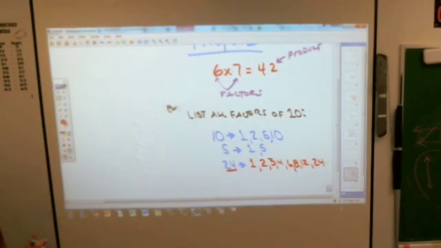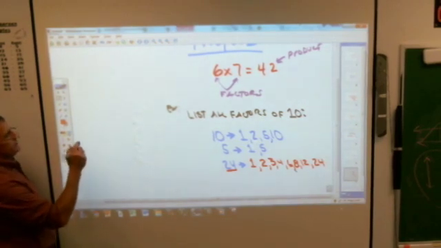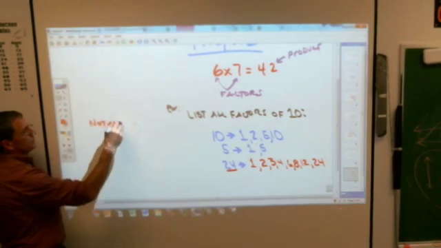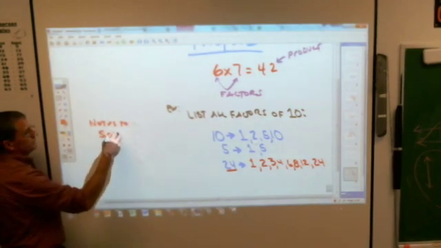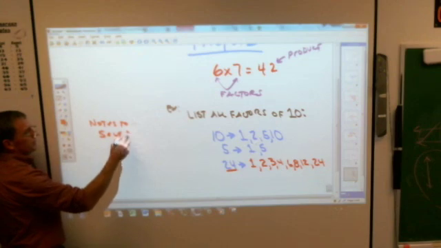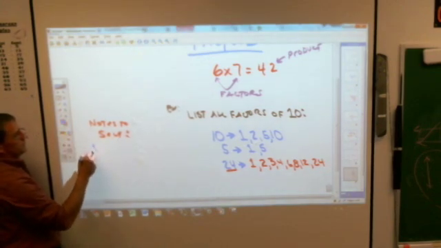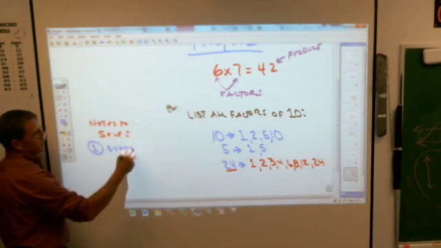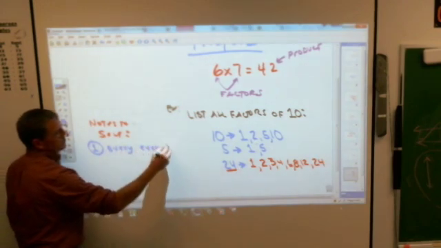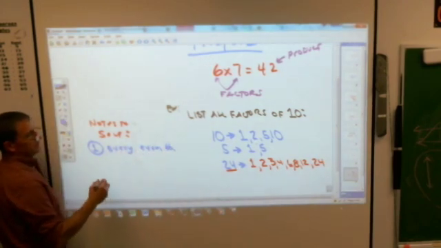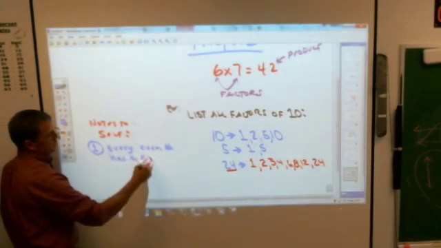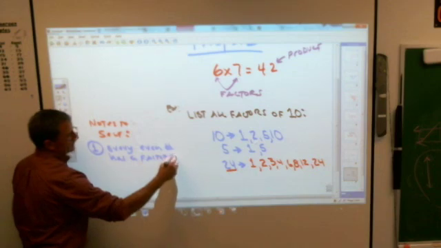And one thing you want to remember is, let's write these down, notes to self. 2 notes. The first note is this. Every even number has a factor that is 2.